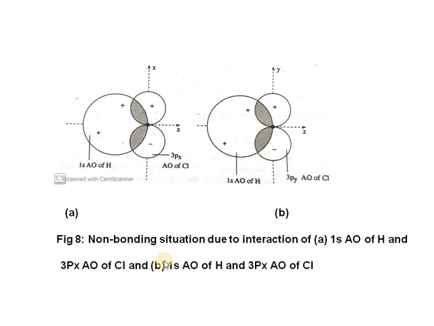These diagrams show the non-bonding interactions of the 1s atomic orbital of hydrogen and the 3px atomic orbital of chlorine. It is the first diagram. Similarly for the 1s atomic orbital of hydrogen and the 3py atomic orbital of chlorine.